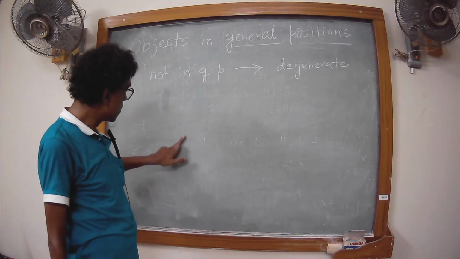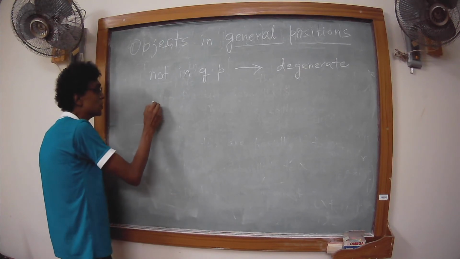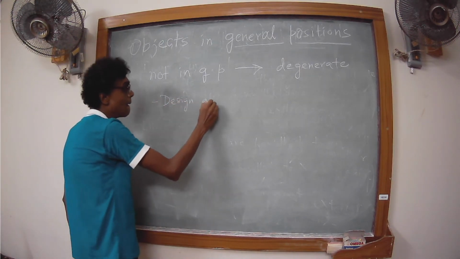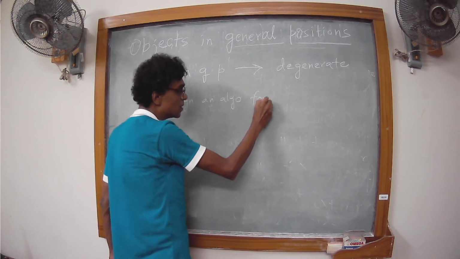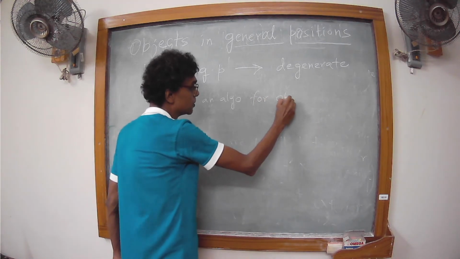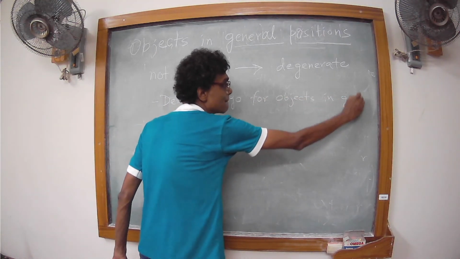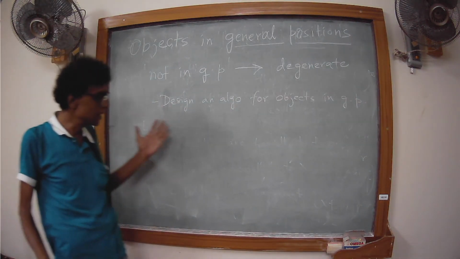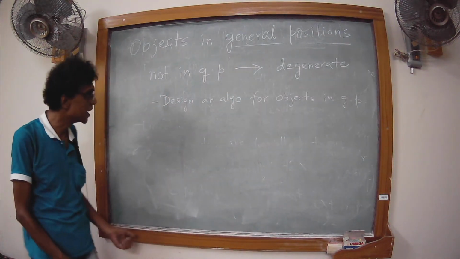So it's a very common practice in computational geometry. So design an algorithm for a given problem for objects in general position. So this algorithm is usually the simplest form of this design.